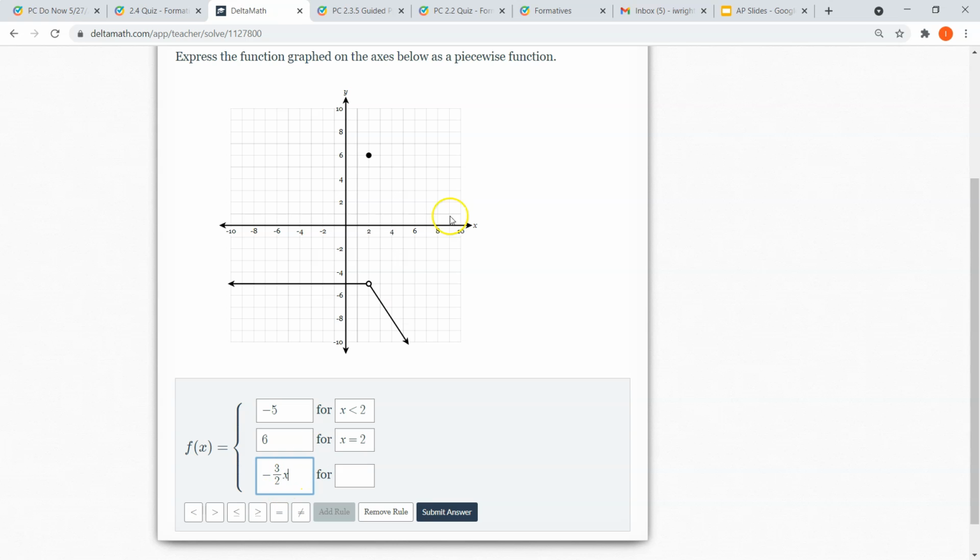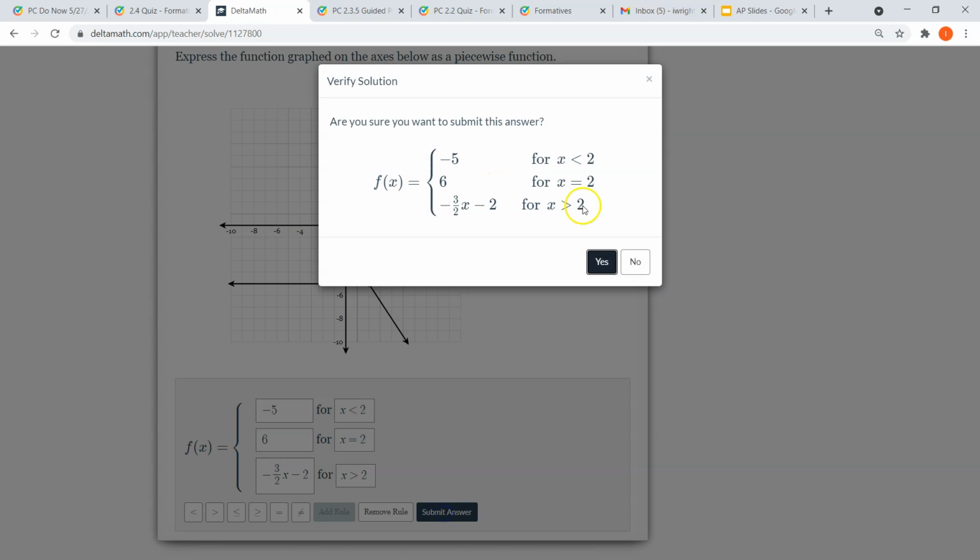And then my y-intercept would be -2 if I follow that line up. And this is going to be for x greater than 2. Okay, so for the point, we use an equal sign, and that's something you may be less familiar with. Okay, that's all there is to it. So you can get piecewise functions with up to 3 pieces here.